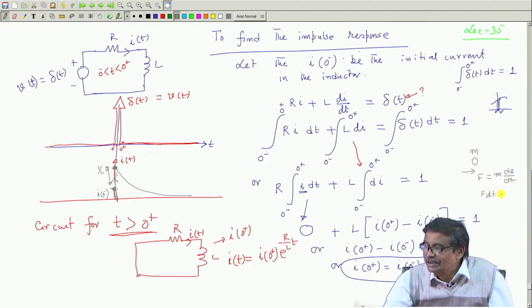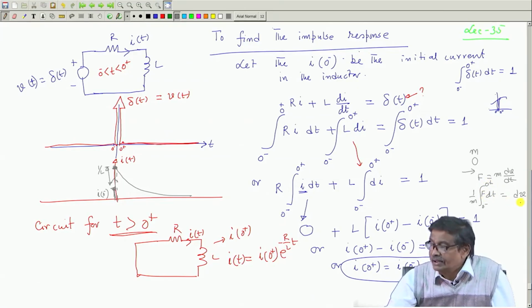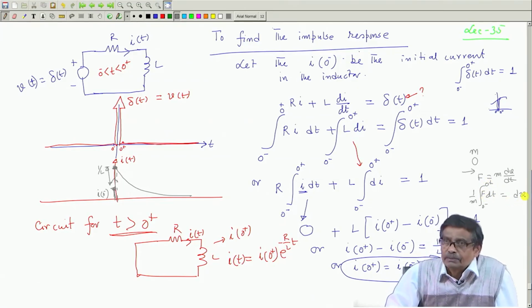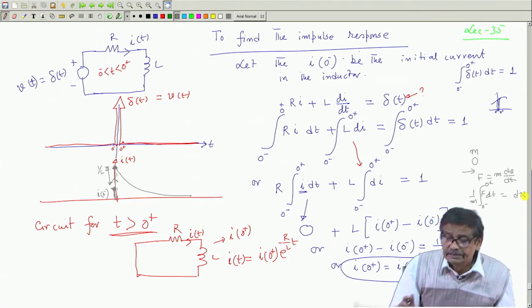If you bring it here, f delta t by m is equal to dv. So between 0 minus and 0 plus, this quantity will be finite, so that a sudden change in velocity can take place.